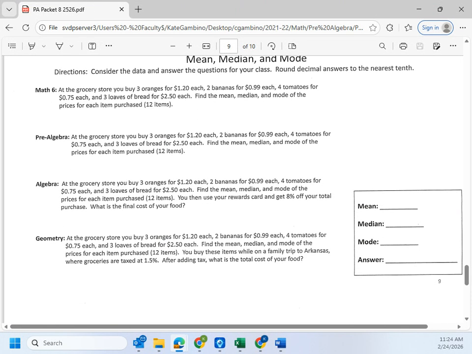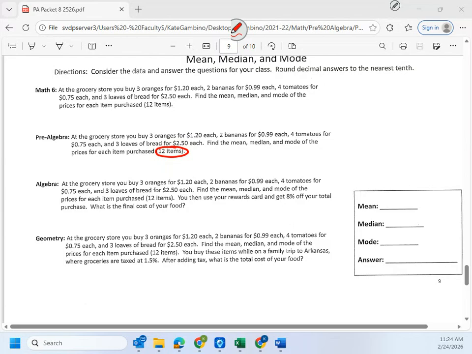Mean, median, and mode. Oh, I've had some friends turning this in not understanding exactly what to do. We are given 12 items. So you should write out all 12 prices in order, least to greatest.